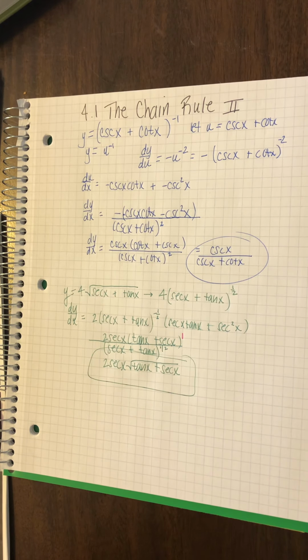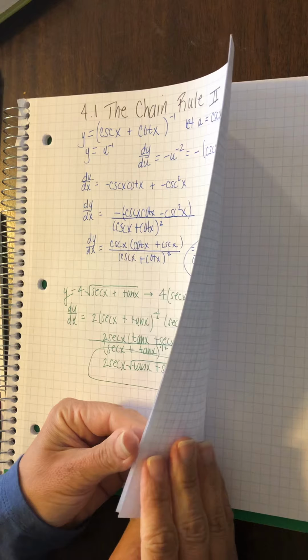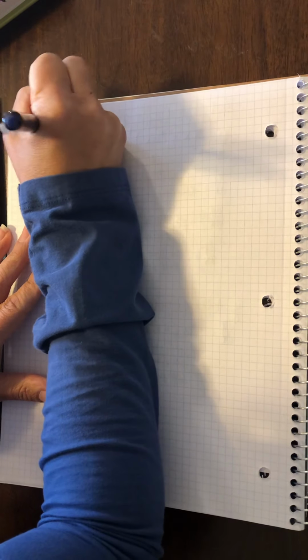Okay, I'm going to do 2 more funky derivatives, and then we're going to do a problem where you're asked to find position. Next one I'm going to do is number 26.